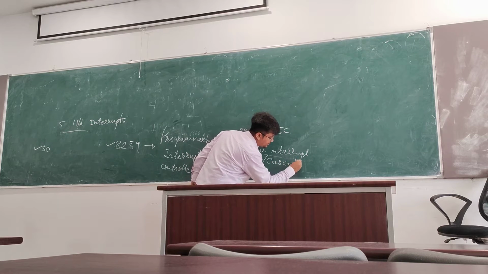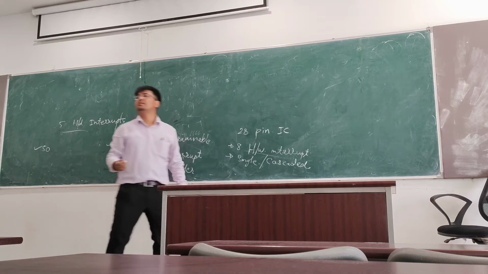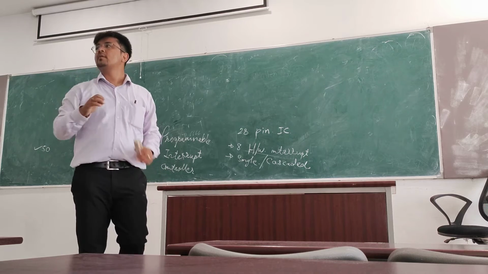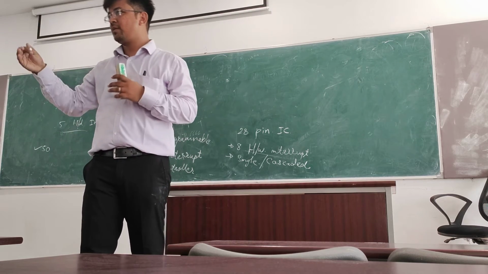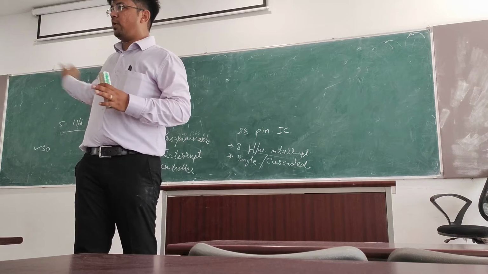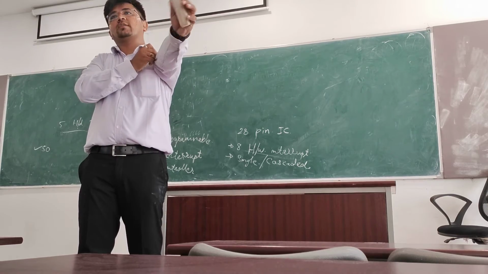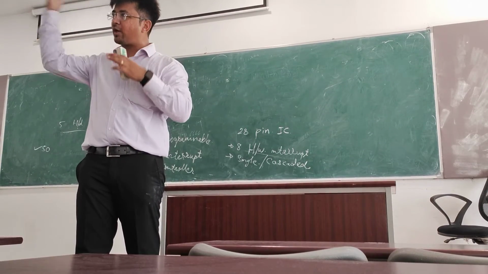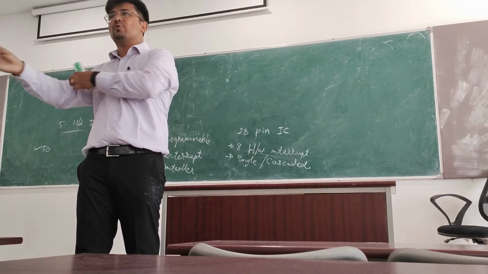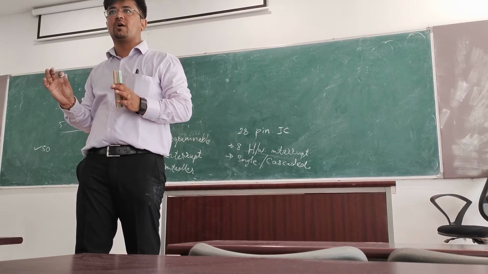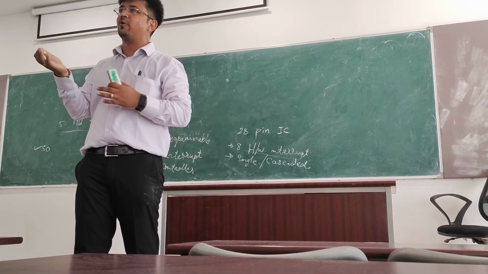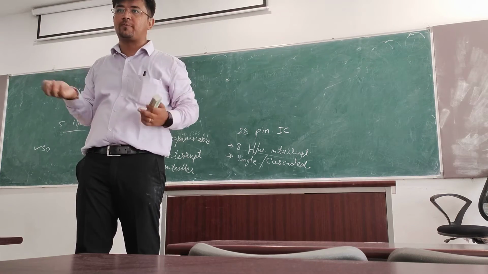What is cascading? More than one. Okay, we'll see the concept of master and slave. You must have used this in some medium or some subject. Master and slave. What is the purpose of master? What is the purpose of slave?